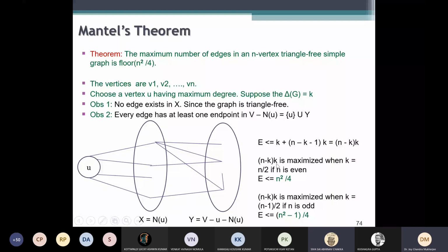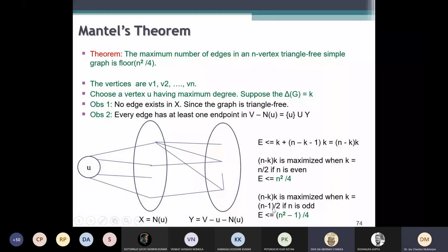Now you put K equal to n by 2, so n minus n by 2 is n by 2, multiplied by n by 2, so E is less than or equal to n square by 4. Now what about if n is odd? If n is odd, then n minus K into K is maximized when K equals n minus 1 by 2.